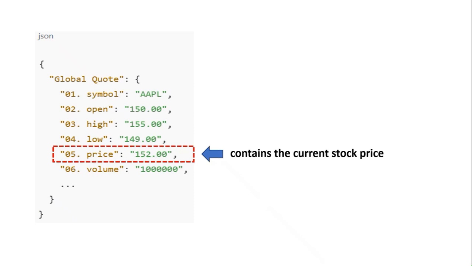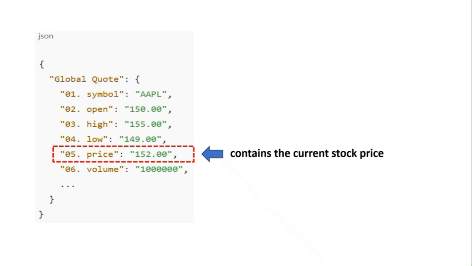So the JSON response looks like this for the global quote. Here you see in the global quote, we will be receiving these as a response. Now here, the fifth place is the price of the stock. So this part of the JSON response contains the current stock price.